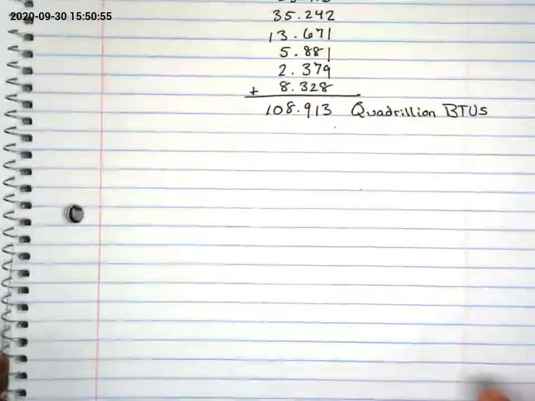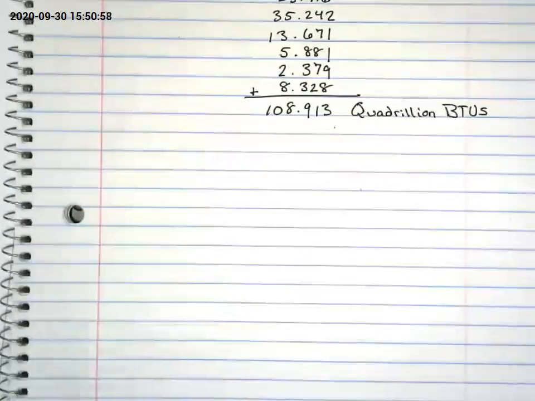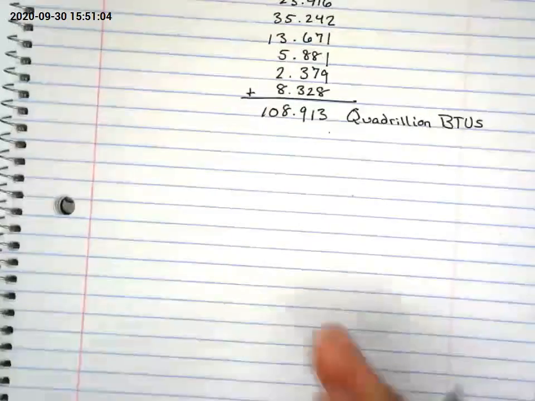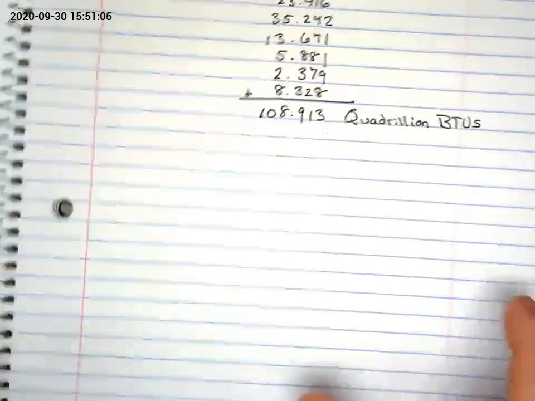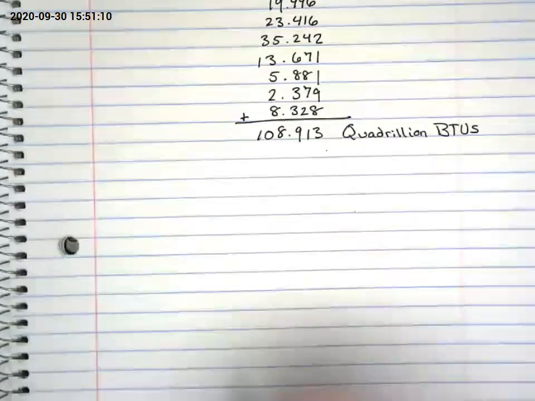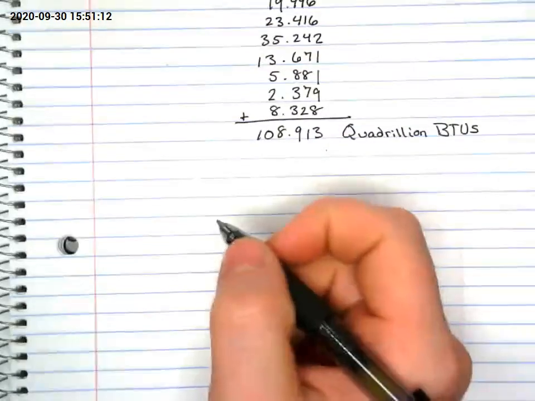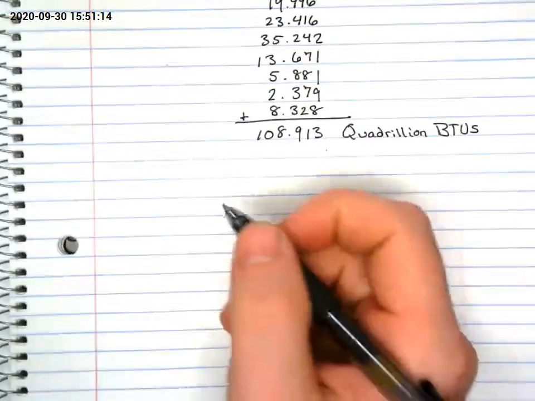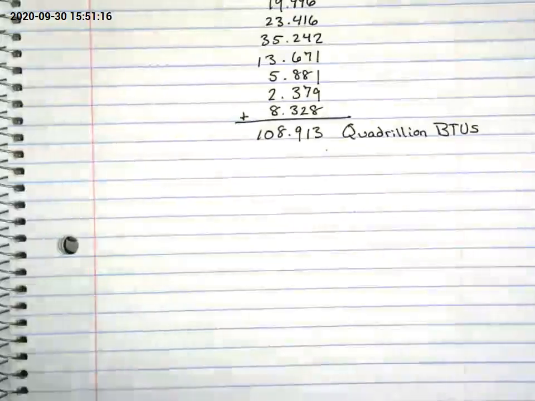So we've got our total. Now what we've got to do is find the percentages of each energy source. Okay, so let's find out what those percentages are. Remember, when we're trying to find percentages, there are a number of ways you can do it.